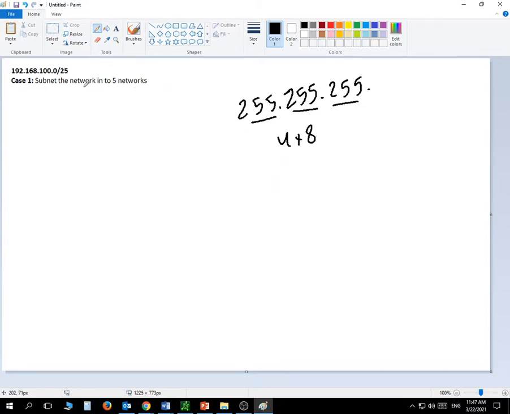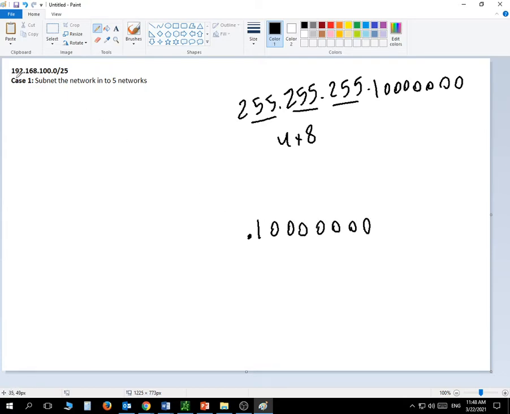So what I need to do after that is to look at the remaining. Since the result of 4 multiplied by 8 is 24, and since I have 25, I know for sure now this section of the subnet mask is going to be 1 followed by 7 zeros. Okay, so since I know that part, let me just go down here and put it as following: 1 0 0 0 0 0 0 0.